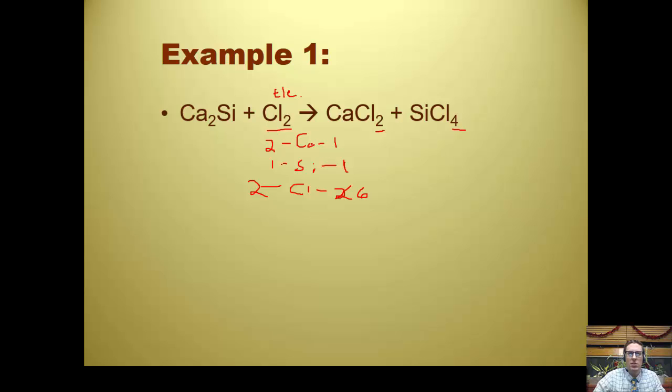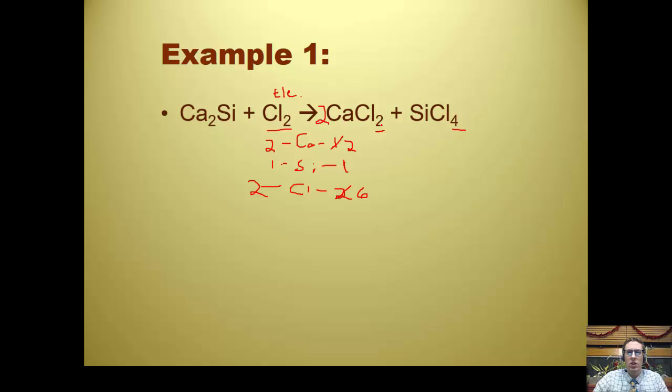So that means let's balance our calcium first. So we've got 2 here. Let's put a coefficient out front here. Now we have 2 calciums, meaning we're good there. But again, this is going to change our number of chlorines.